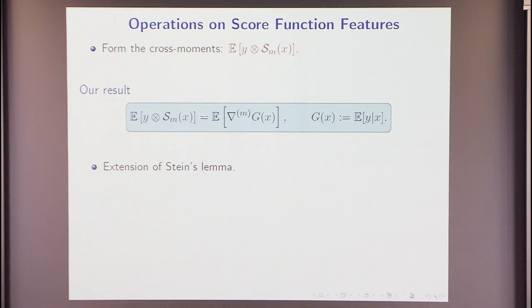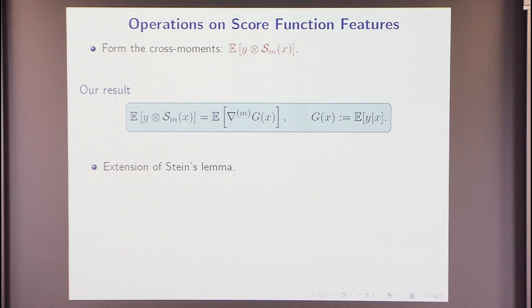For any continuous distribution, by looking at these higher order score functions, we can get access to expected gradients of the label as a function of the input. So that's why we call this framework an approach to have discriminative information, right?